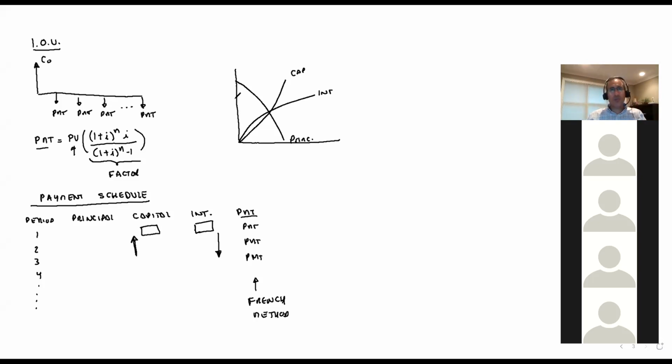So let's go to Excel, and it's easy to understand this using Excel. Let me share Excel.